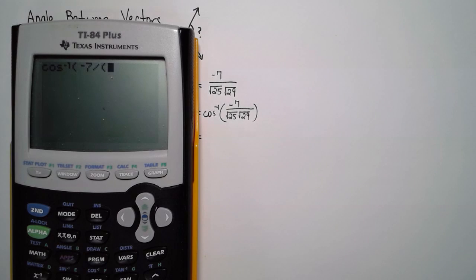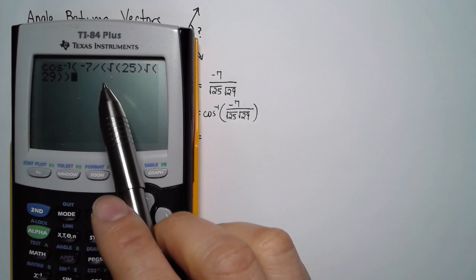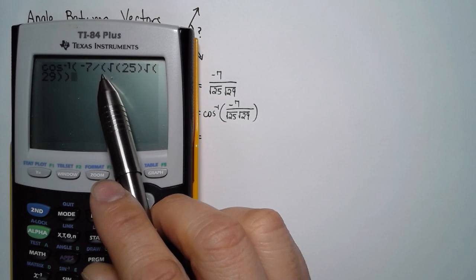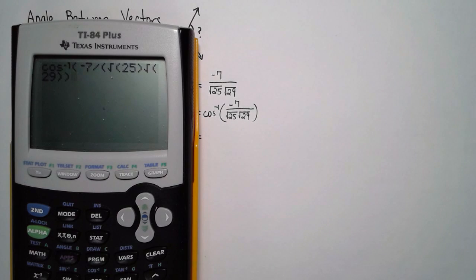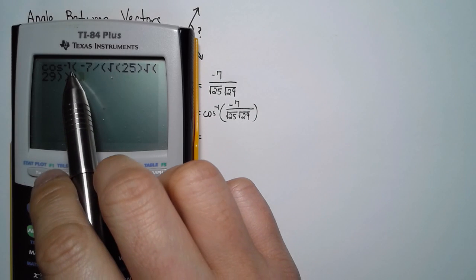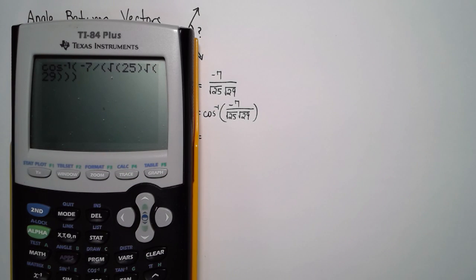So I can put parentheses before I do the square root of 25, close the parentheses, square root of 29, close the parentheses, and one more close parentheses to close that opening parenthesis right there, so that the whole bottom is inside the parentheses, and one more close parentheses for the first opening parentheses for arc cosine, and press enter.